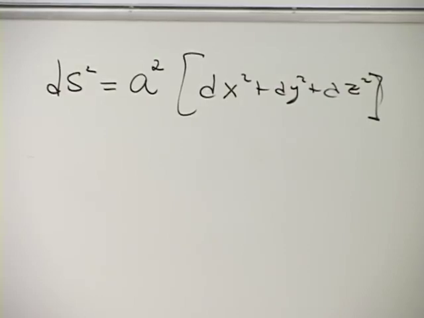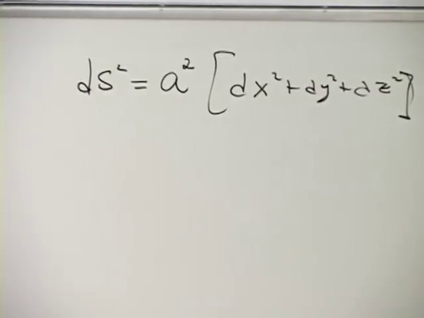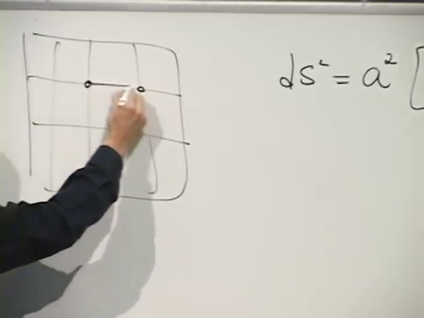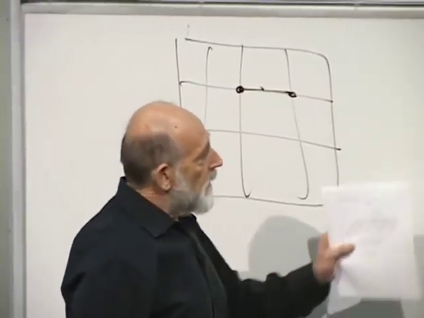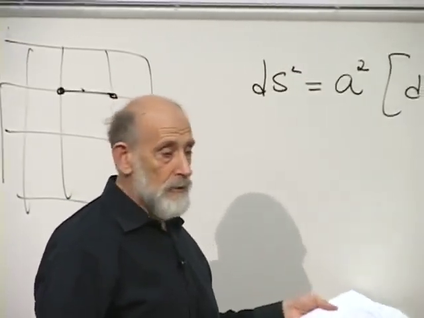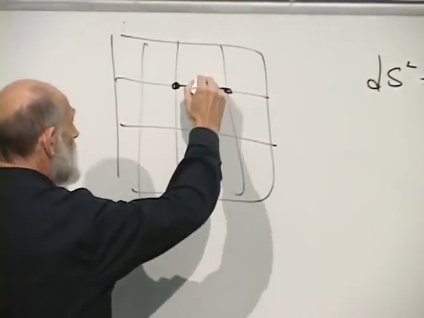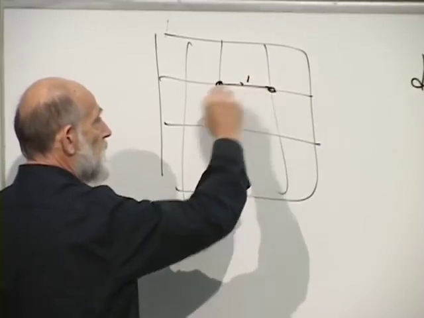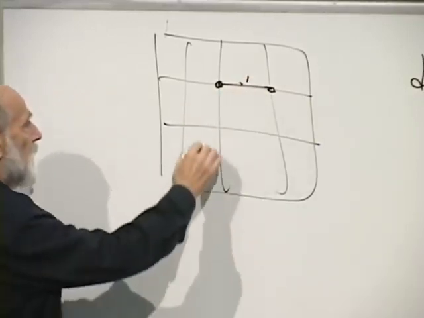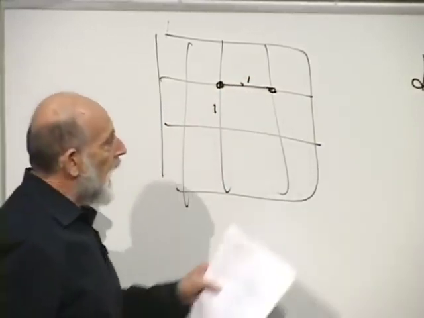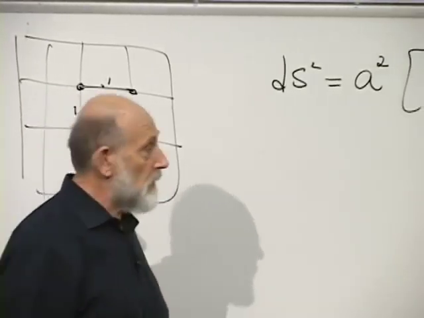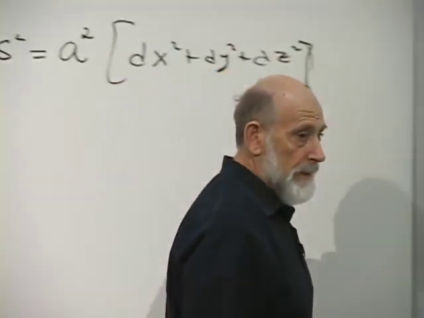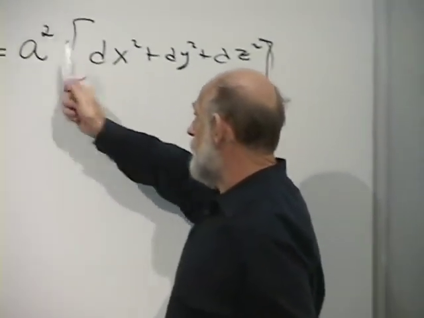And what does it stand for? It stands for the distance measured in meters between neighboring points separated by a coordinate distance delta x equals 1. So if this coordinate separation is 1 unit on each side, then a represents the distance between neighboring points on this grid. And it goes out here in front in the metric.